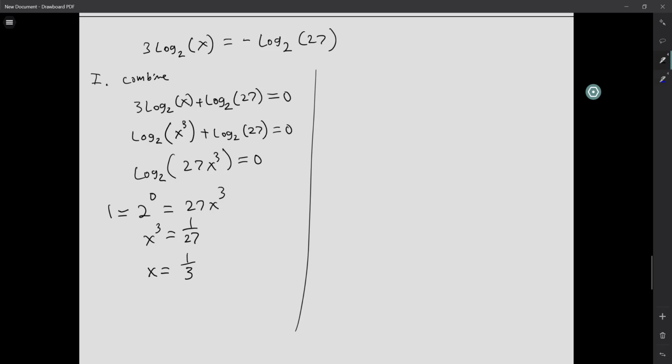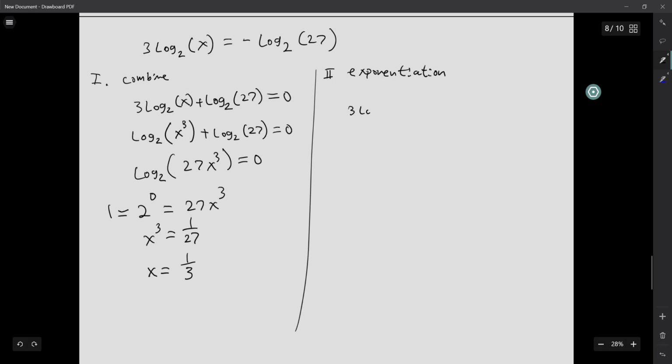Now another thing I could do, we call this exponentiation. So these are logs base 2, so I will raise both sides as an exponent of 2.